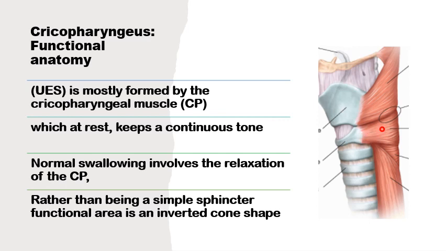But there is also a small contribution from the lower fibers of the Thyropharyngeus and the upper fibers of the esophagus. Together they form the upper esophageal sphincter, which keeps a continuous tone normally and only relaxes during normal swallowing.